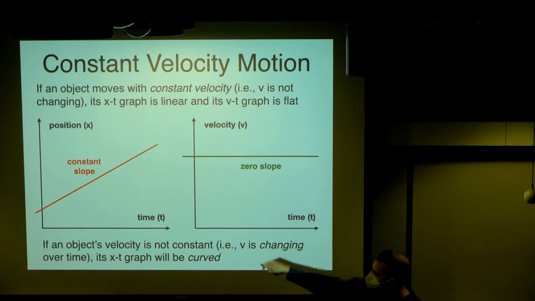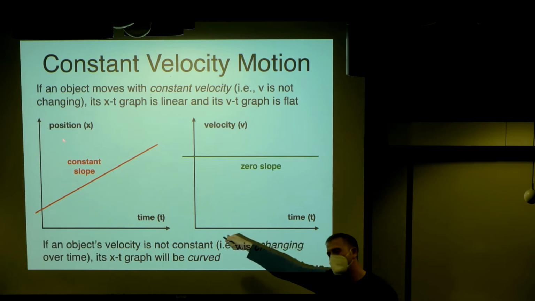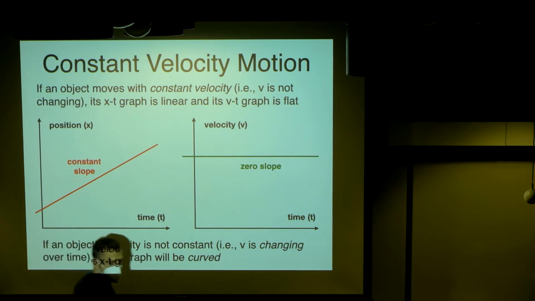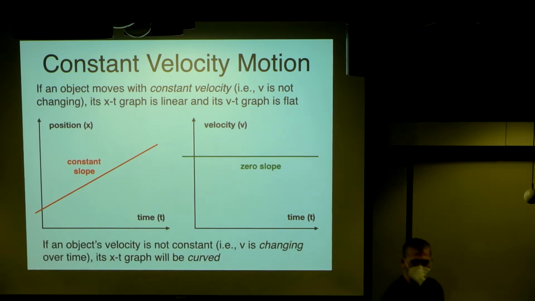But if we had a position versus time graph, remember, it's the slope of your position versus time graph that tells you your velocity. So if we're saying velocity is constant, that means the slope of this line is constant. In other words, it's not curved.